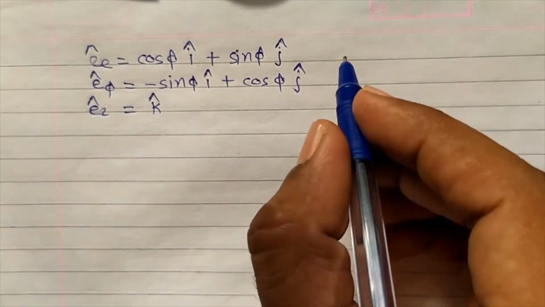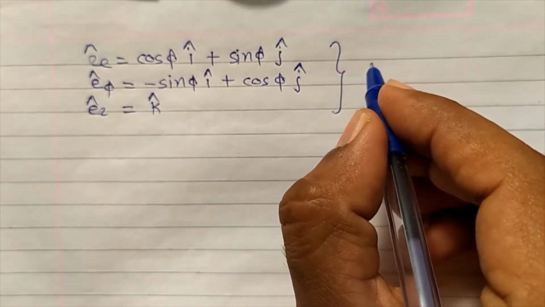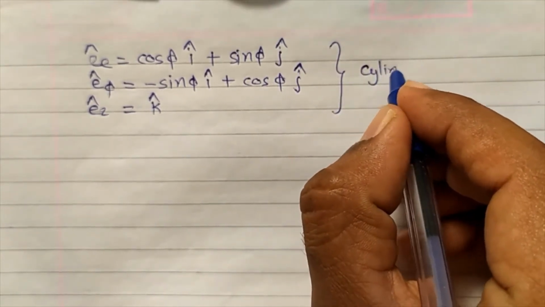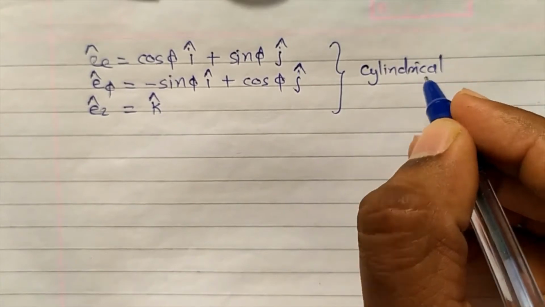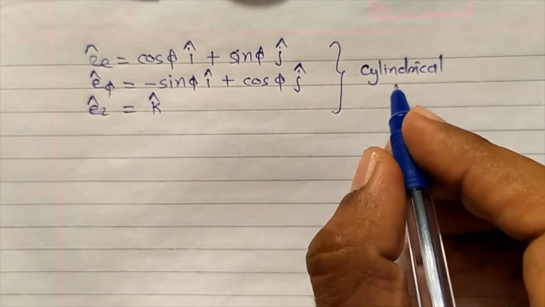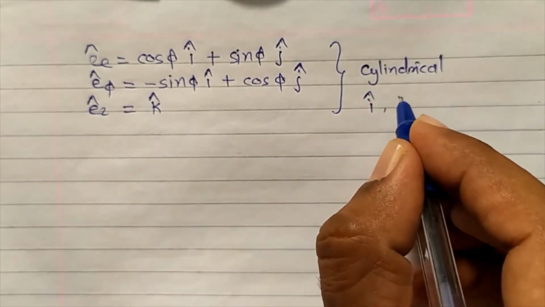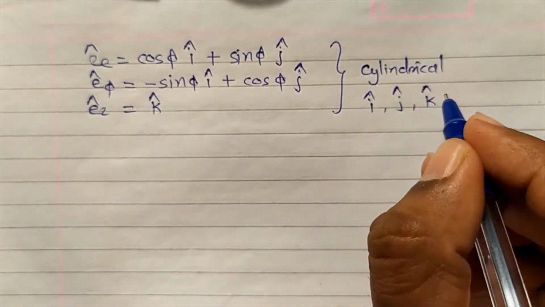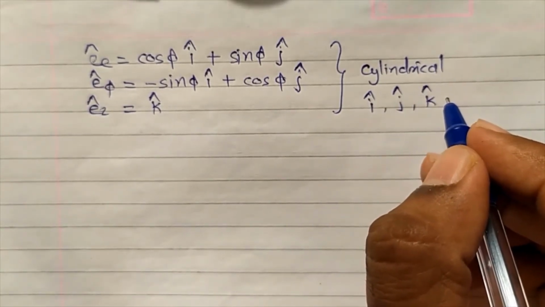These are unit vectors in the cylindrical coordinate system, and i cap, j cap, k cap are unit vectors in the Cartesian coordinate system.